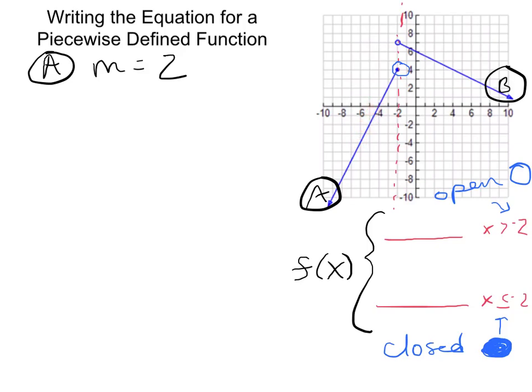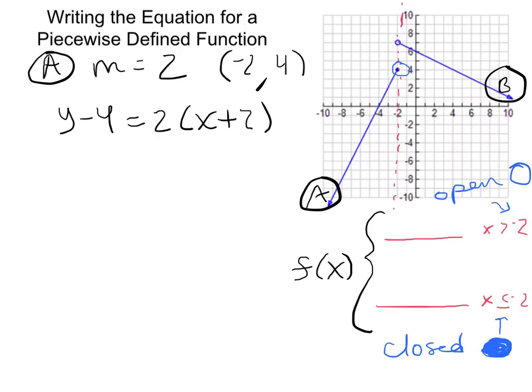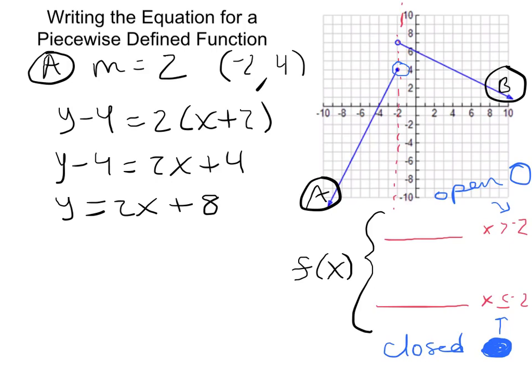The slope is 2, and we know that to write the equation of a line we just need a slope and a point. So I'm going to use the point -2, 4, which is this point right here, and write the equation of the line. I'm going to say y minus 4 equals 2 times x plus 2. I'm going to solve for y. Y minus 4 equals 2x plus 4, which means y equals 2x plus 8.